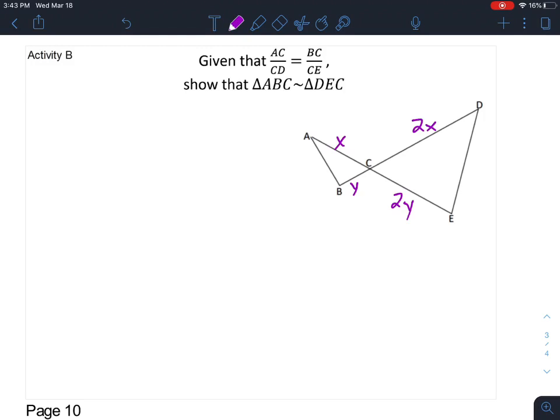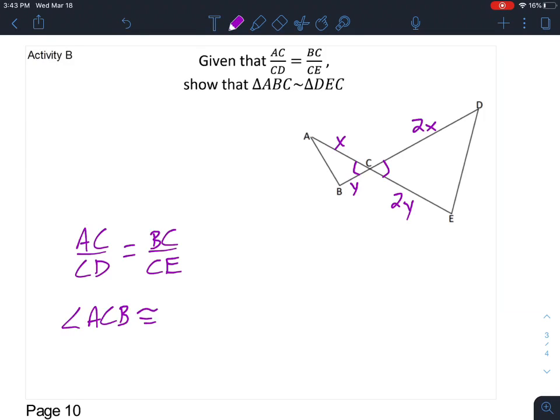Now, we have to go back to when we were doing congruent triangles in term 2. Here at point C, I spot that we've got two angles that are going to be congruent. And hopefully you remember that those are vertical. So we know already that we had AC over CD is equal to BC over CE. That part was given.